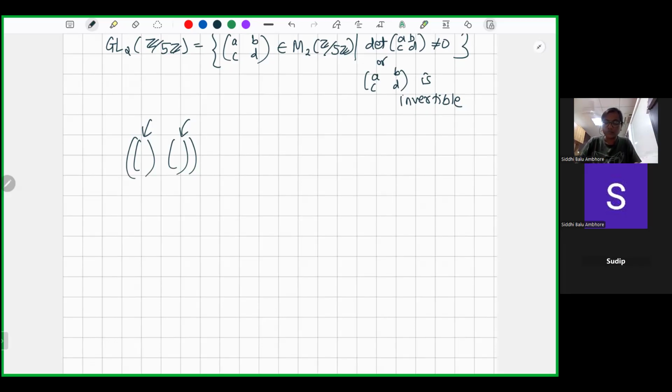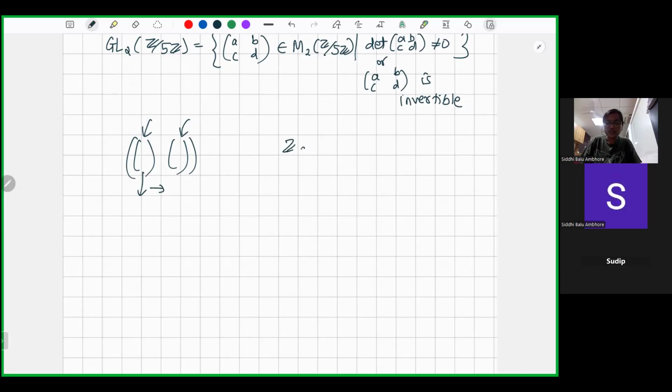Okay, so it doesn't matter whatever I choose here, as long as the second column is not a linear multiple of the first one, I will get an invertible matrix. So how many choices do I have here?